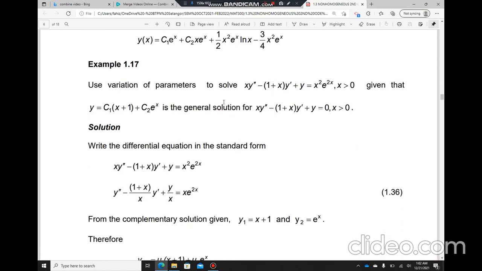okay, dalam soalan ni, kalau awak tengok pada differential equation yang diberi, sebelum ni kita tak pernah belajar untuk variable dekat depan.